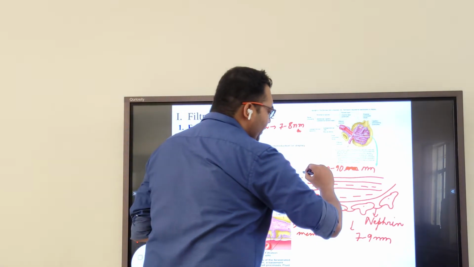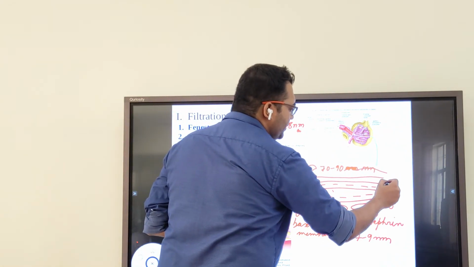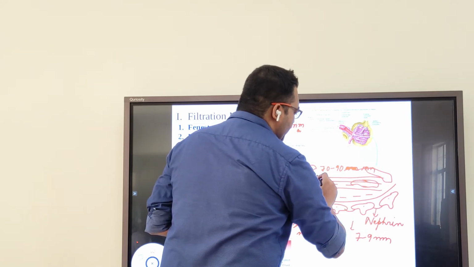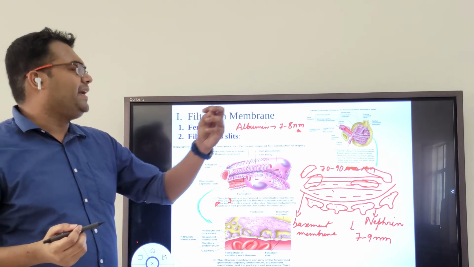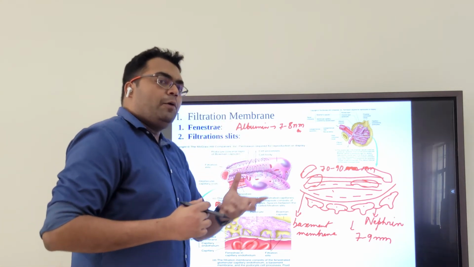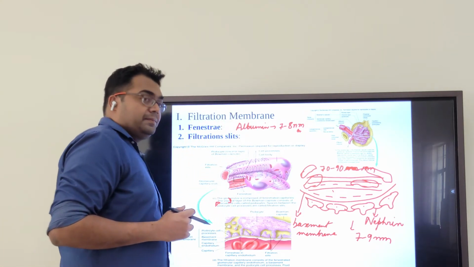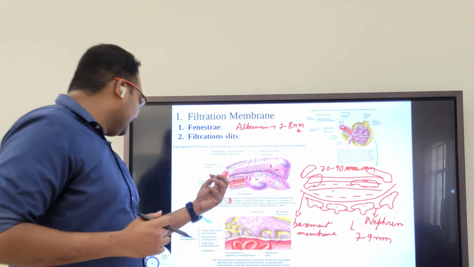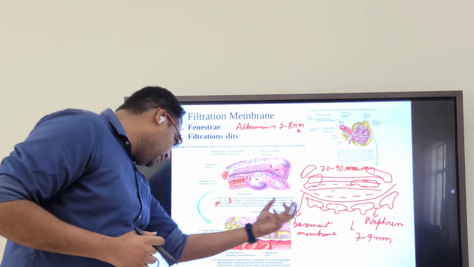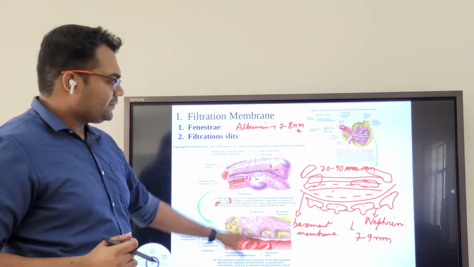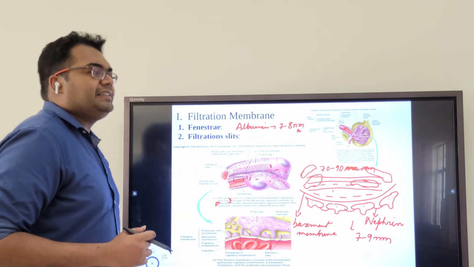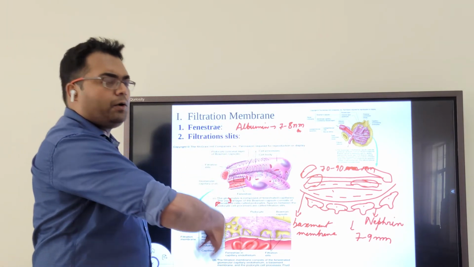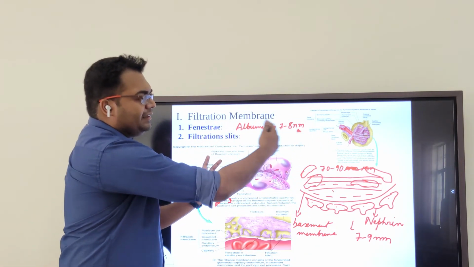And this is surrounded on all sides by mesangial cells. So by mesangial cells could be your intraglomerular, could be extraglomerular. Mesangial cells secrete something known as mesangium. Mesangium is a connective tissue layer which will bind onto the entire glomerulus.